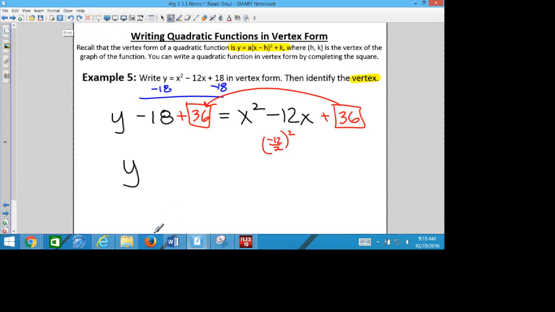So I get y, and then I'm going to add together negative 18 plus 36 plus 18 equals, and then on the other side, I'm going to factor it. x minus 6 squared. Same stuff we've been doing.